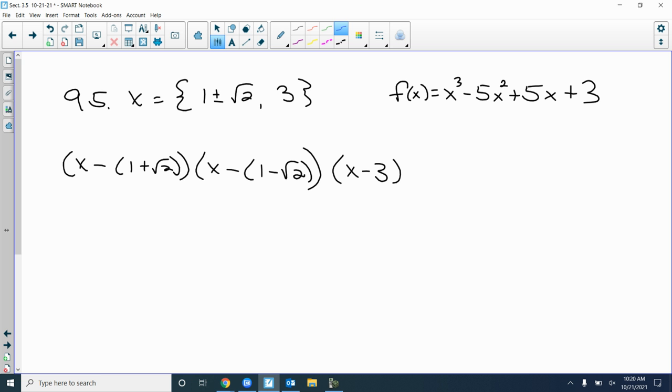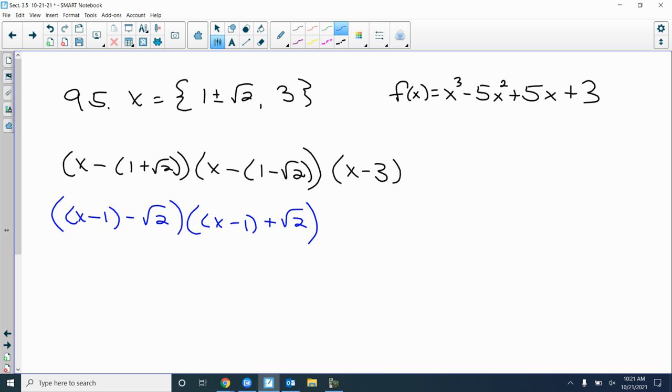I'm going to group these. I'm going to make this the quantity x minus 1 minus square root of 2, and I distribute that negative. I'm going to make this one x minus 1 plus square root of 2. I just distribute the negative and then put parentheses around the x minus 1 because we're going to do that a minus b times a plus b.